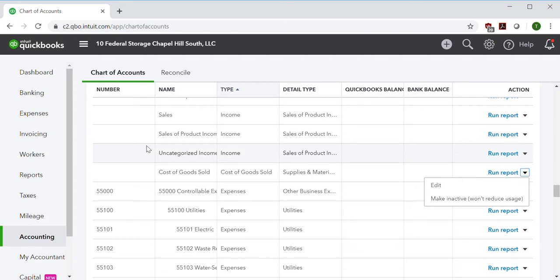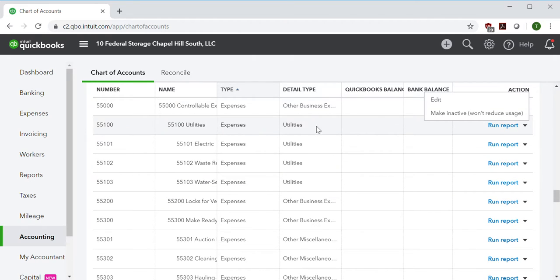If it doesn't know what to do on your bank, since you have banking linked up, if it doesn't know what to do with an entry, it'll throw it into one of these accounts that don't have a number on it. It's not the right account, but it doesn't know what else to do with it, and that's why it won't let you make them inactive, because they're default accounts.